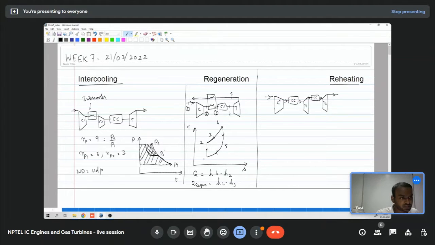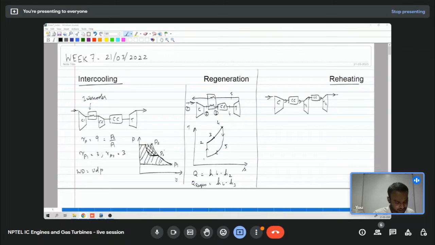Excuse me, sir. Yes. In the regeneration process, Q regeneration should be H3 minus H2, right? No, across 3 and 2 it is from the heat exchanger. So the Q that is supplied by the external agency, like a fuel, is what I have written.